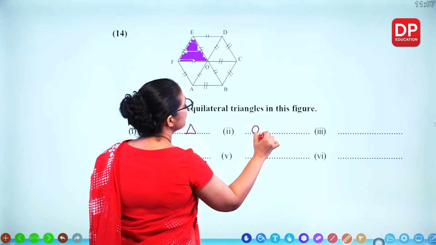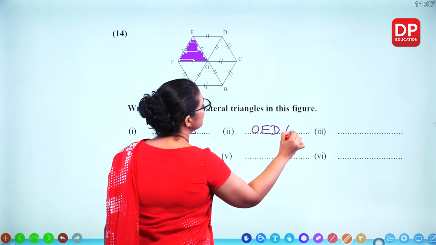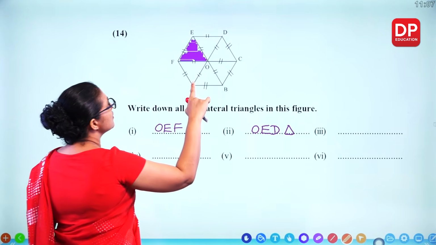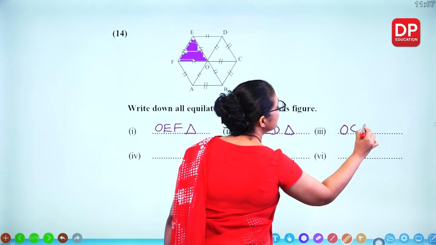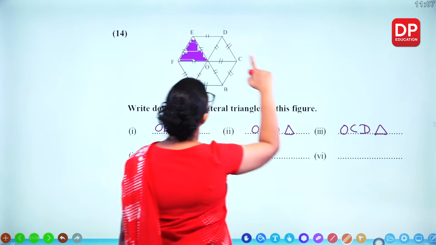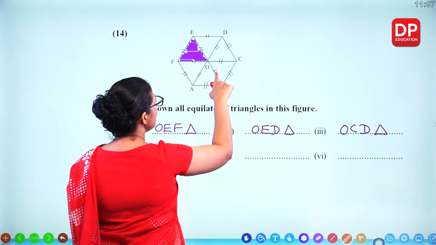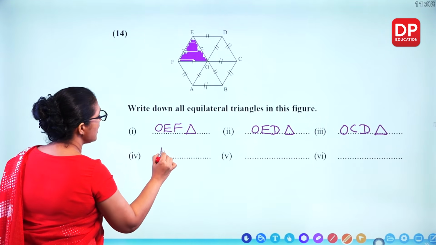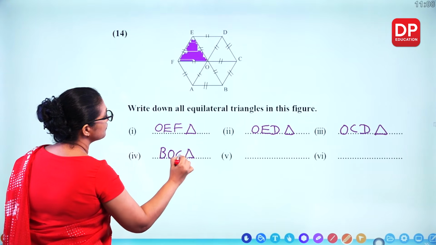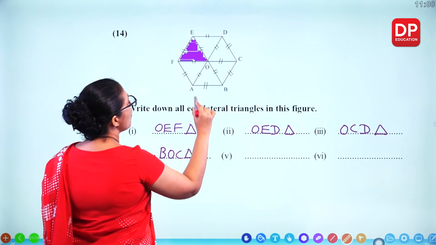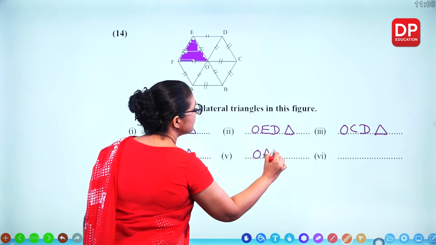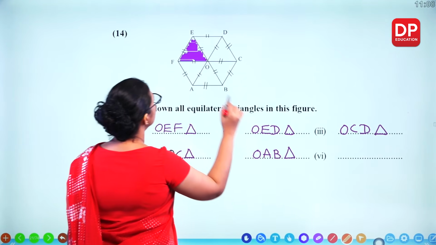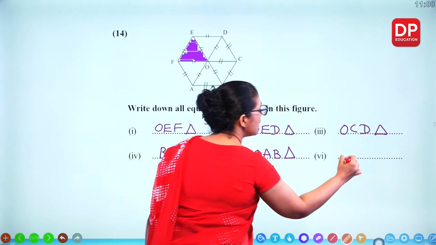OED. This one, OCD. So I can write all these small triangles: BOC, OAB, OAF.